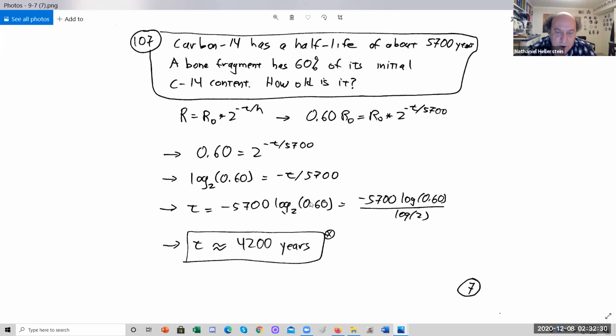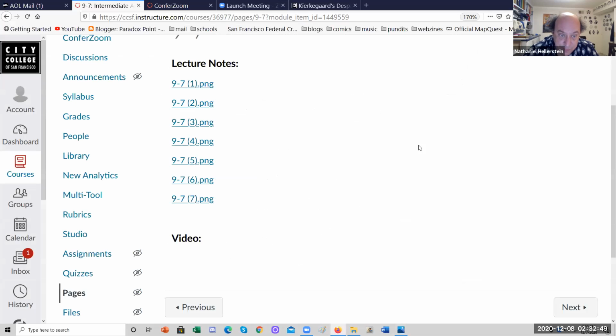And again, the change of base formula turns this into common log of 0.60 divided by common log of 2. That times negative 5,700. After calculating a bit, you get approximately 4,200 years. So that's how they do carbon dating. Well, I believe that concludes that part.